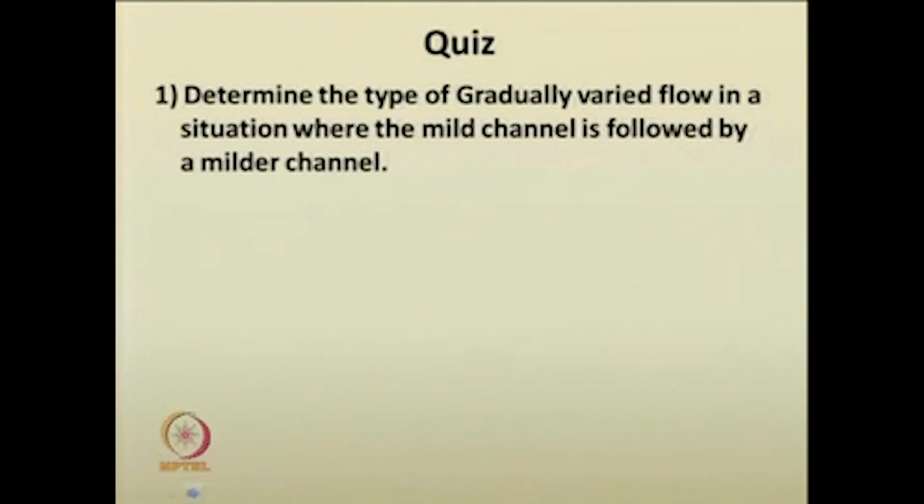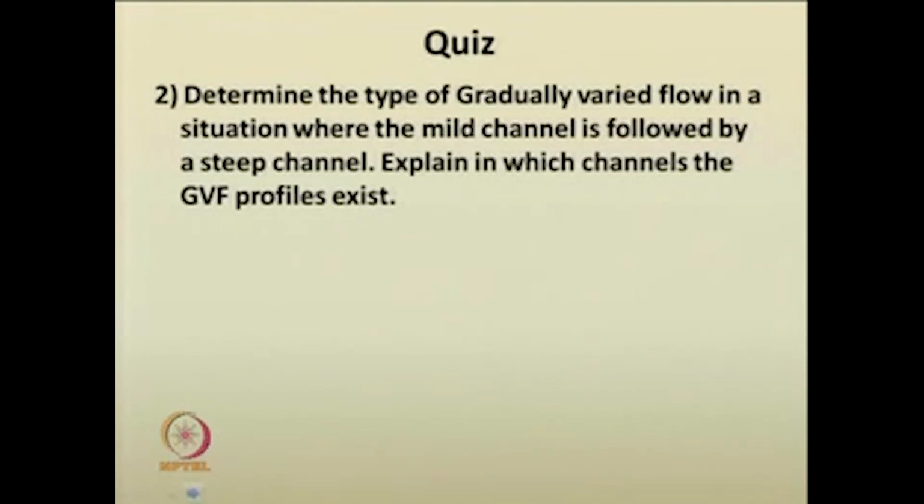Second question: determine the type of gradually varied flow in a situation where the mild channel is followed by a steep channel. Explain in which channels the gradually varied flow profiles exist. Third question, similarly: determine the type of gradually varied flow in a situation where a steeper channel is followed by a steep channel, and also explain in which channels the gradually varied flow profiles exist.